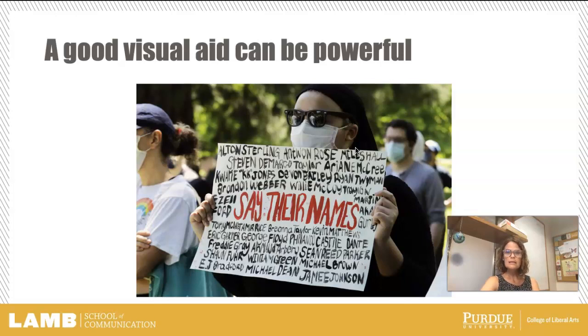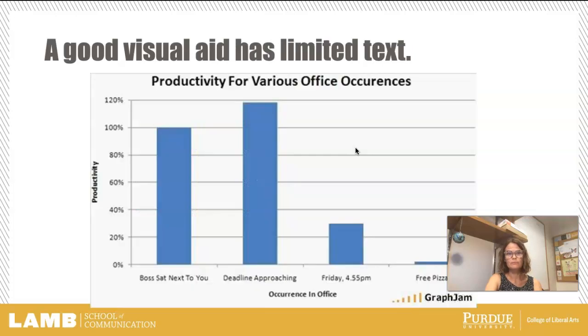And here you see someone standing, posters say their names and a list of names. And this is a really powerful image that, again, will complement what you are saying in your presentation.